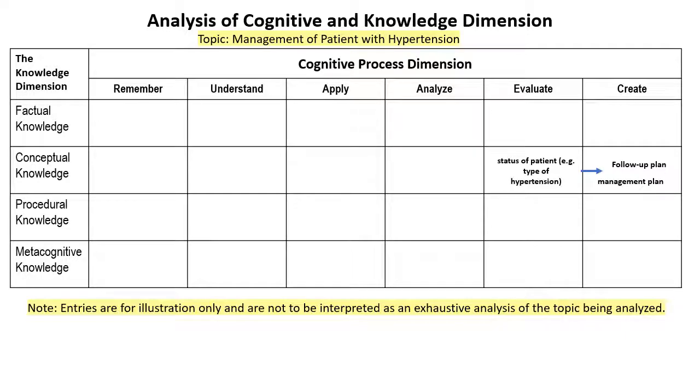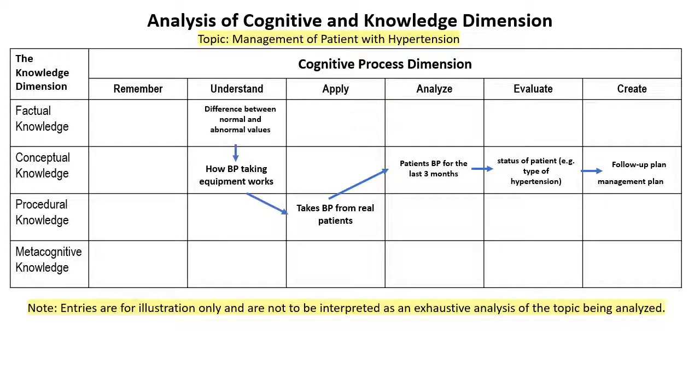Just the concepts. So at the evaluate level, conceptual knowledge: status of patient, for example type of hypertension. Analyze patient BP for the last 3 months. Take BP from real patients. Understand differences between normal and abnormal values, how BP taking equipment works.